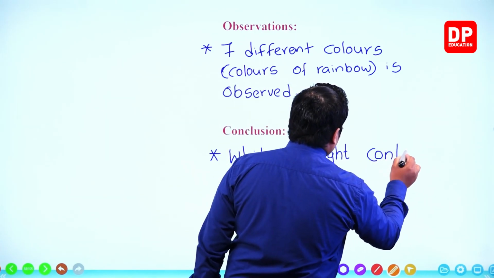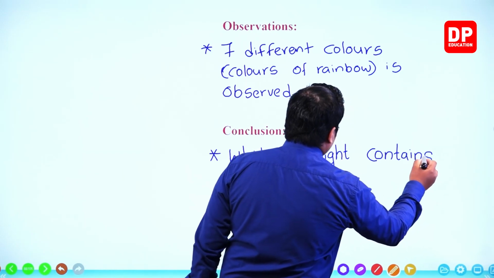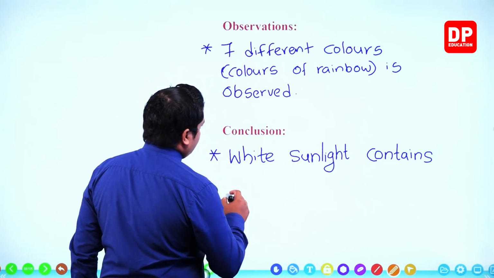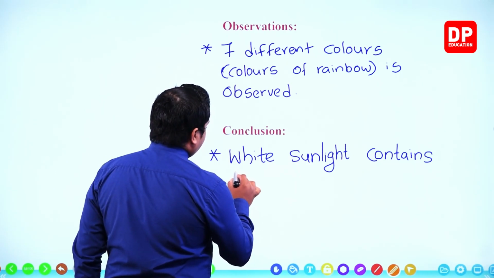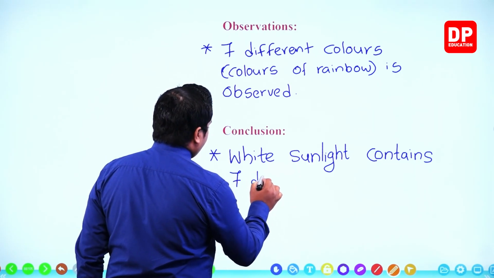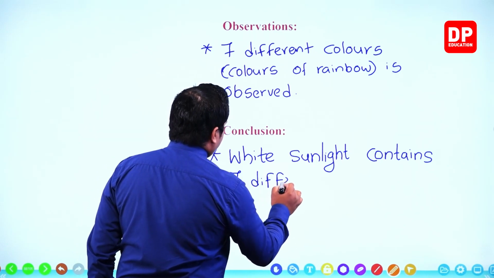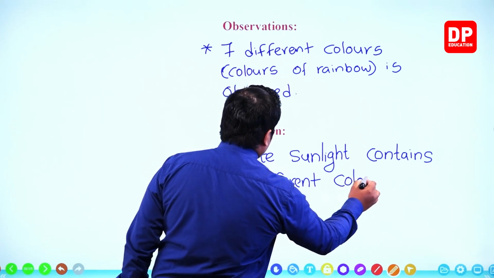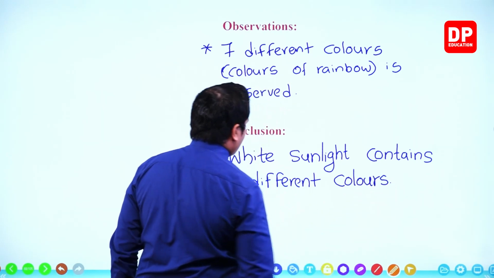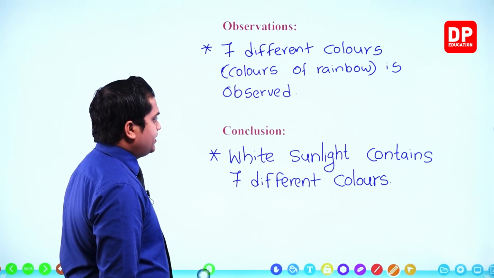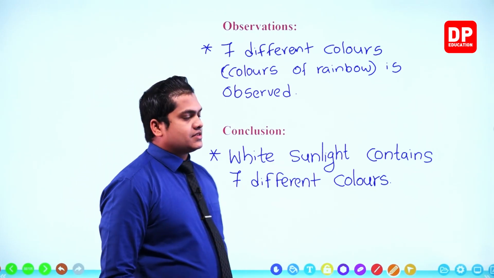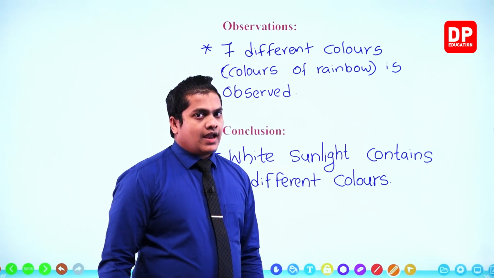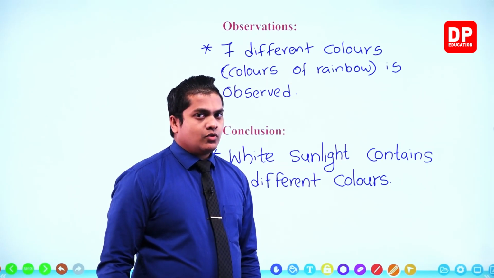White sunlight contains 7 different colors. This is our observation then, and from that observation, the conclusion.